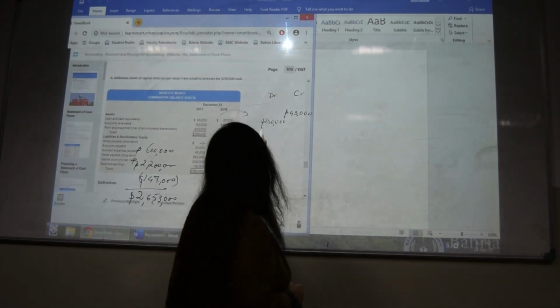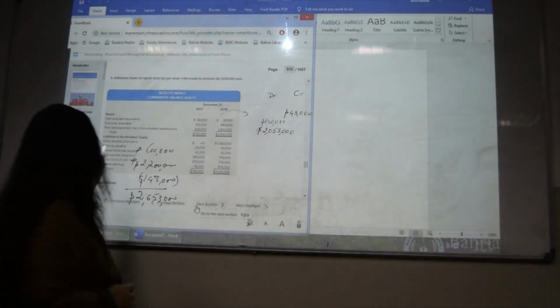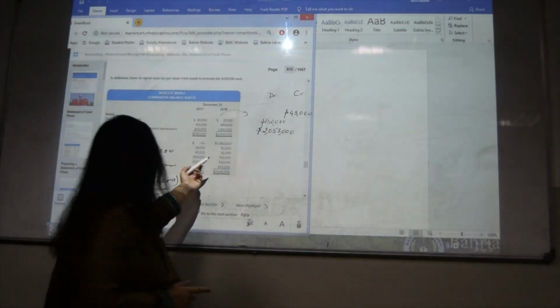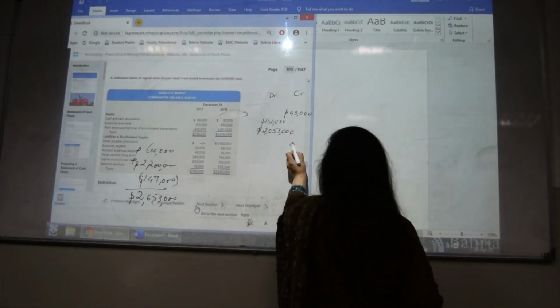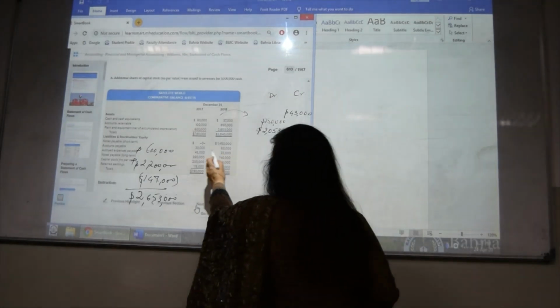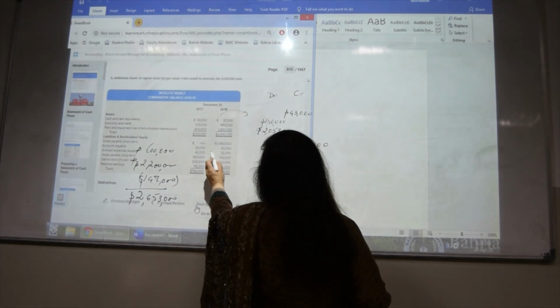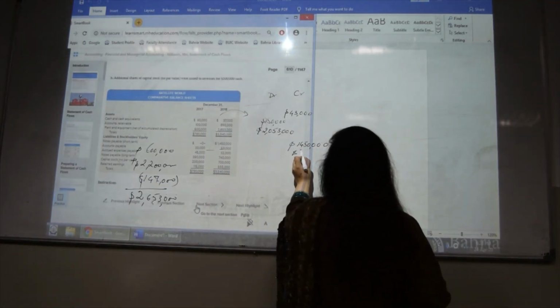So we are going to be debiting it. Then we have notes payable, which is short term and is increasing, so we are going to be crediting the liabilities side, 1,450,000. Then accounts payable, 33,000, again increasing.